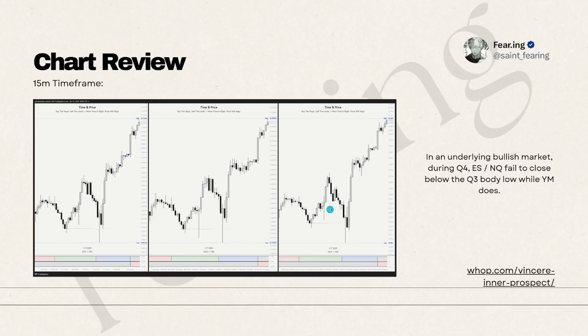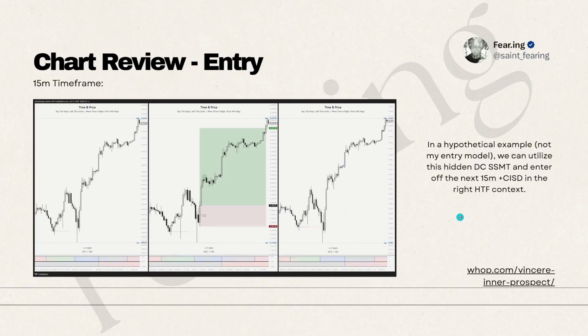Now, as you can see here in this example, while this is not a trade that I would normally take at all, I just want to give you a reference on how we can utilize it. So hidden sequential SMT can validate reversals the same way that regular sequential SMT can.